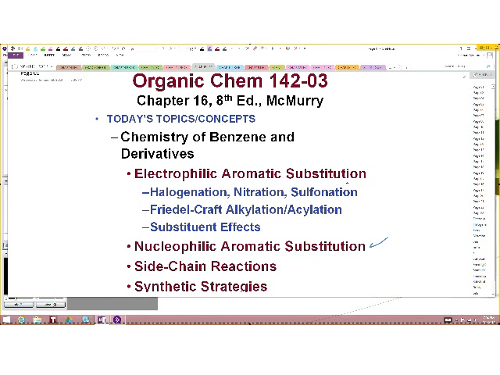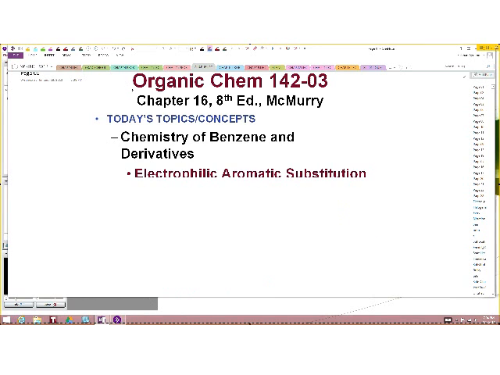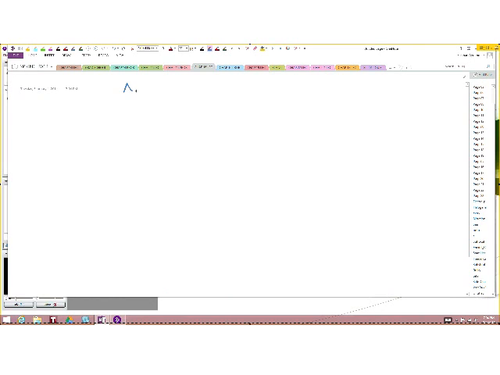Nevertheless, it does occur. Nucleophilic aromatic substitution reactions. As the name suggests, you will need a nucleophile here instead of the electrophile that we had in those previous reactions.